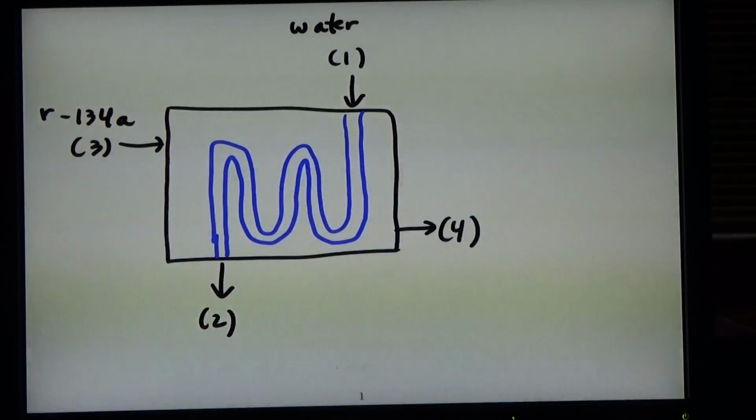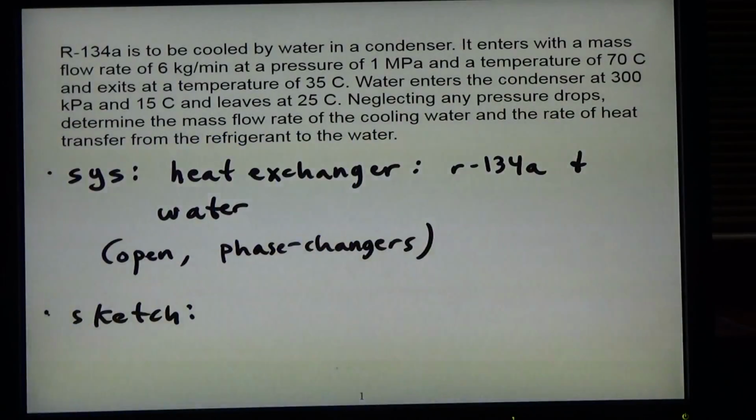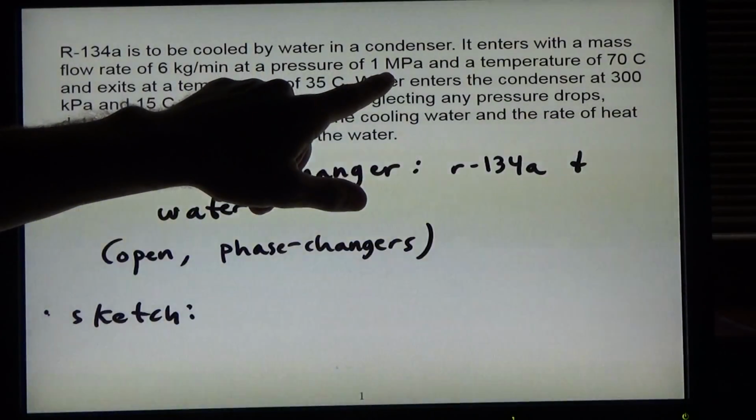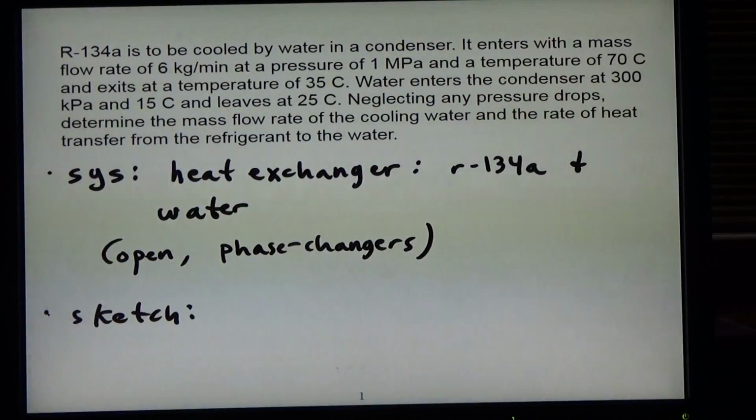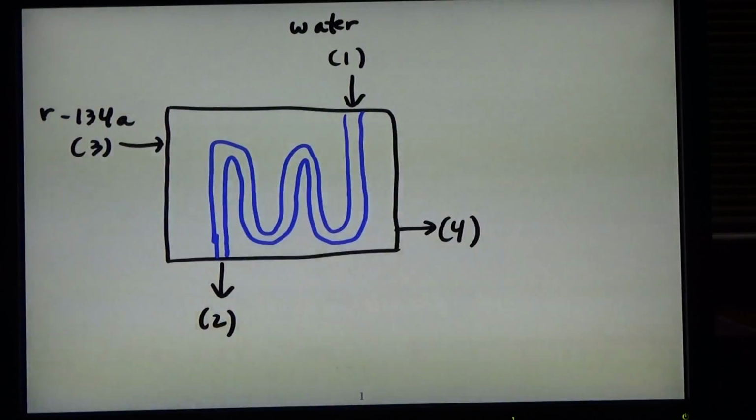Alright, so here's our inlets and our exits, and let's go ahead and put some of the properties that we know at these values. So for the R134A, we know the property at the inlet pressure and temperature at the inlet, and then temperature at the exit. So we know P3, we know T3, and we know T4.